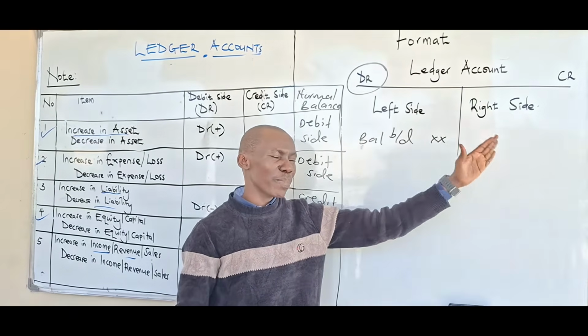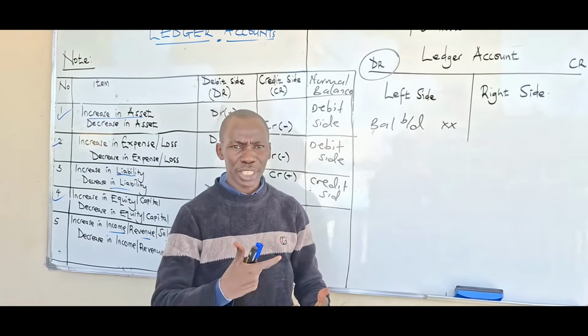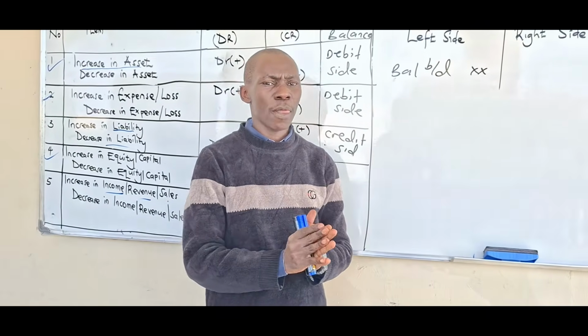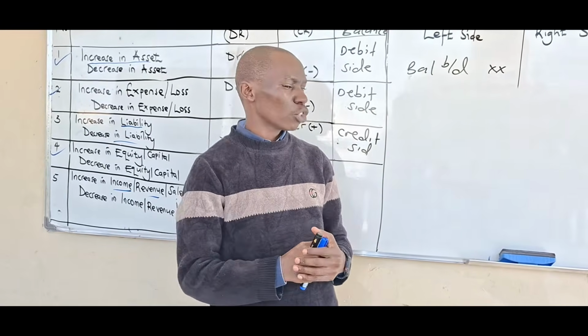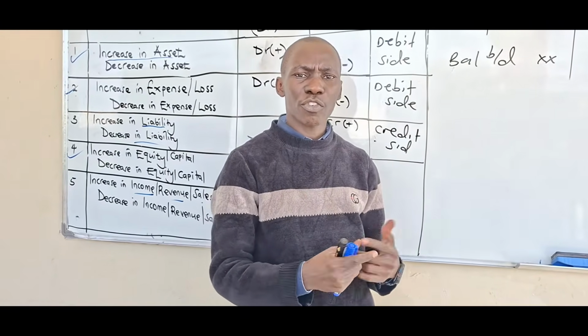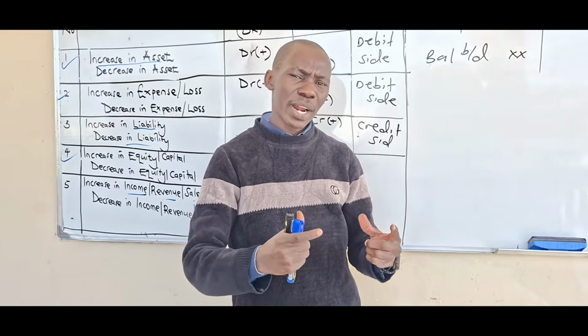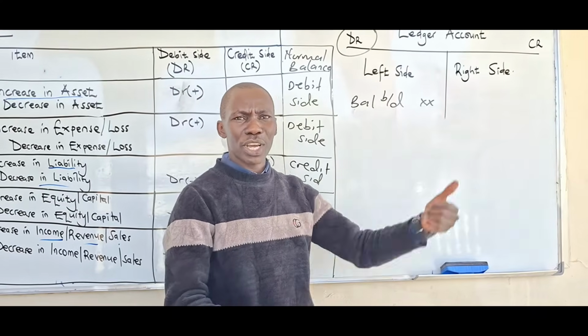So the moment you find it on the debit side, yet it is a liability account, it means there is something abnormal. We need to check what is wrong and correct that. You may have made an error in recording, complying with double entry, among others. So even before giving your paper for marking, you can mark yourself by using the principle. The normal balance for liability is credit, and as you are balancing, you find it on credit.